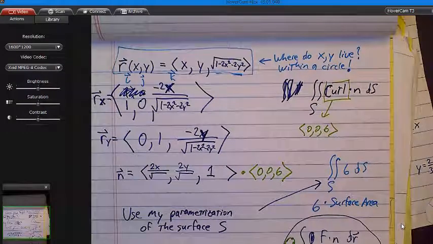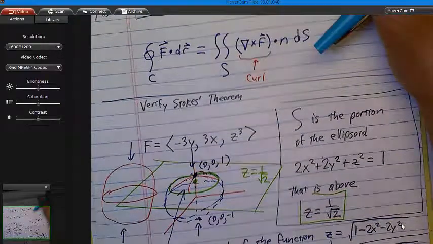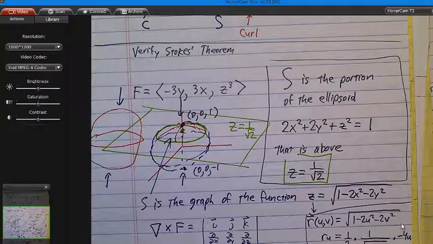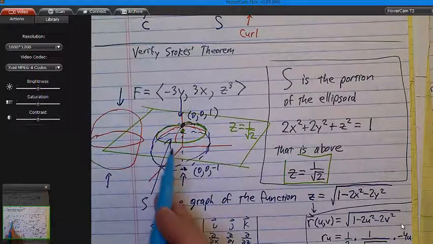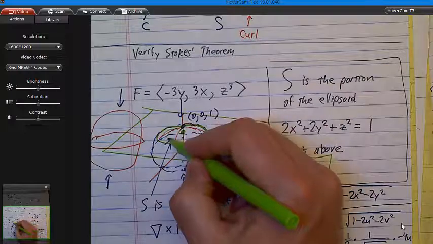And the answer is within a circle. Let me show you. It's on the previous page in my wonderful drawing. Here. That green circle is the boundary of the surface that I'm interested in up here, right?